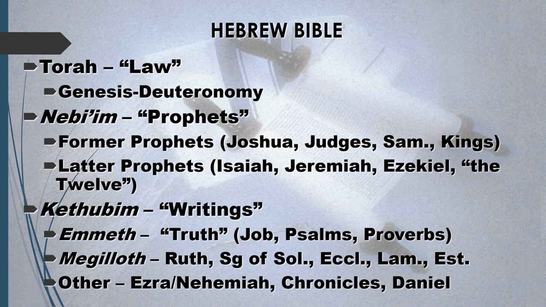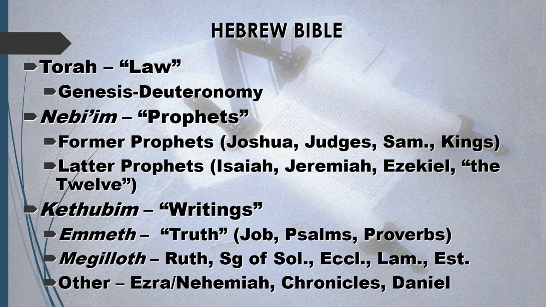But these writings include different books that you would find classified differently in the English classification. So you have writings that are dealing with issues of truth that are often classified as poetry or literature, emeth there, and you have Job, Psalms, and Proverbs under the writings, the Ketubim.